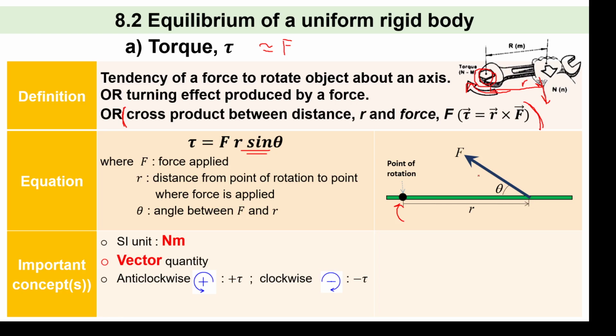So from here you have force F and r, and the angle between force and r is what we call theta. The SI unit is newton meter, because you have force and r in meters, and it's a vector quantity, meaning it has direction as well as magnitude.